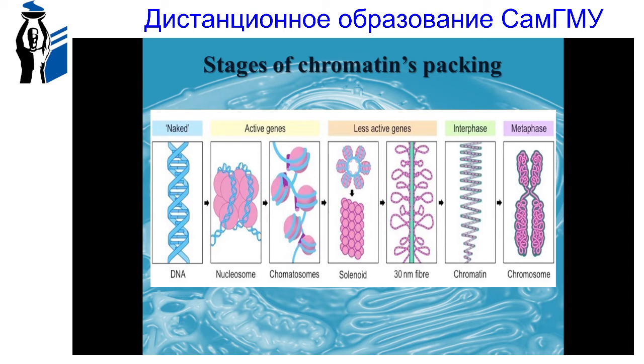The chromosomal set, or karyotype, of a person includes 46 chromosomes: 22 pairs of autosomes, and 1 pair of sex chromosomes, XX in females or XY in males.